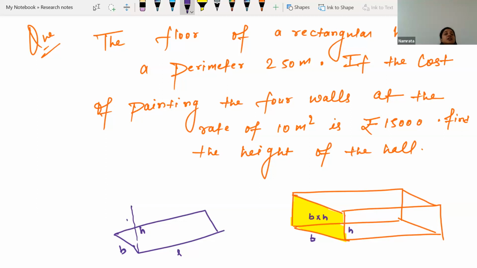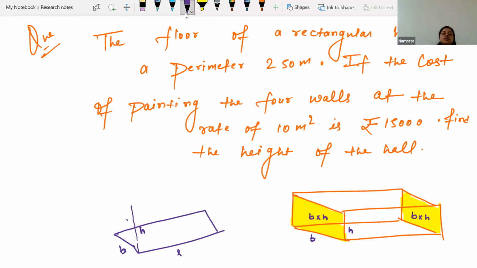This much understanding you must have. On the other end also, on the right side, we will have the same yellow, same area, just like the left side rectangle, and that area will also be b into h. What about the back wall and the front wall?